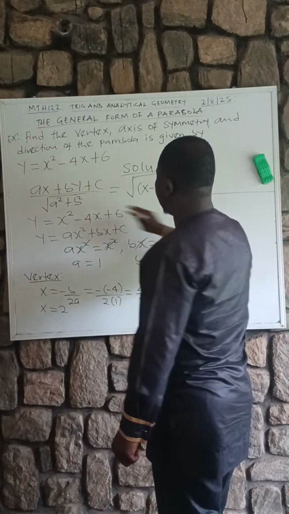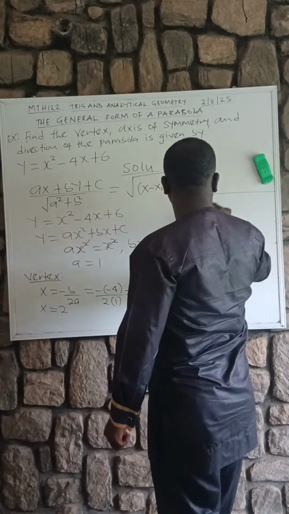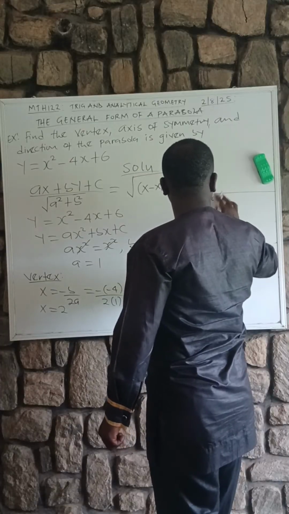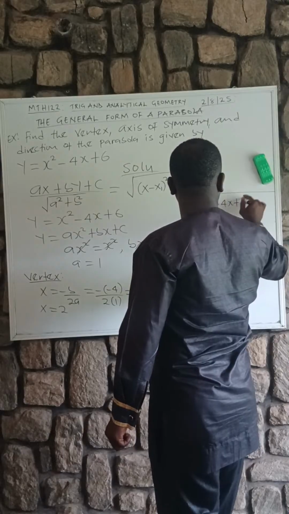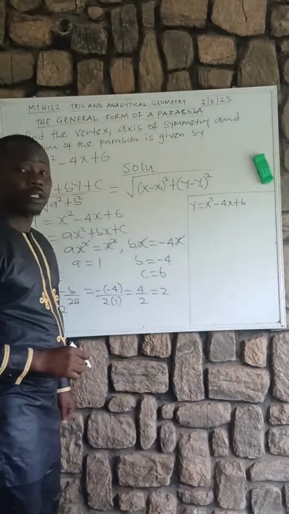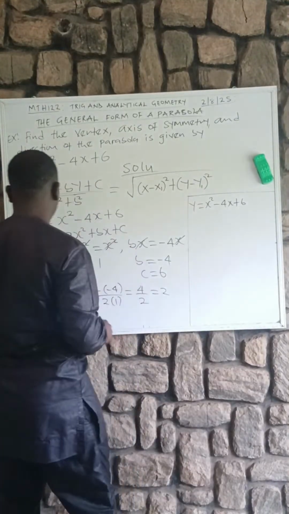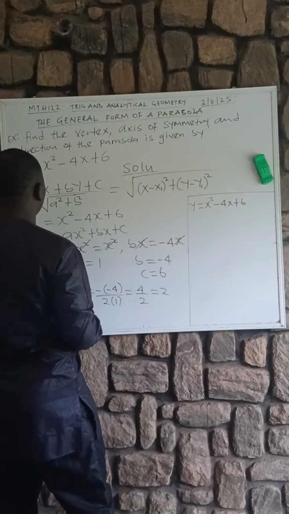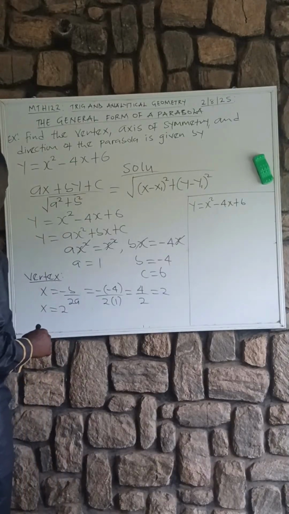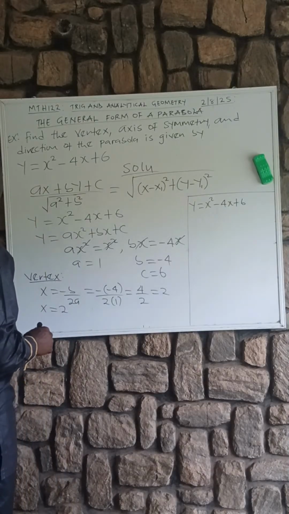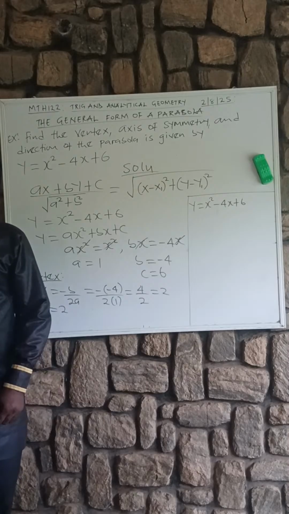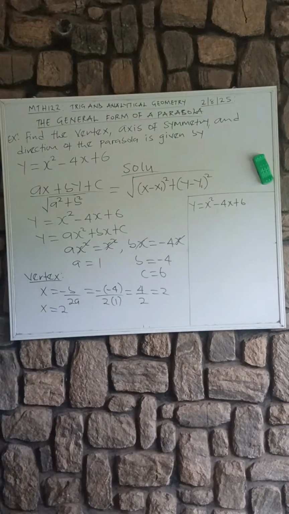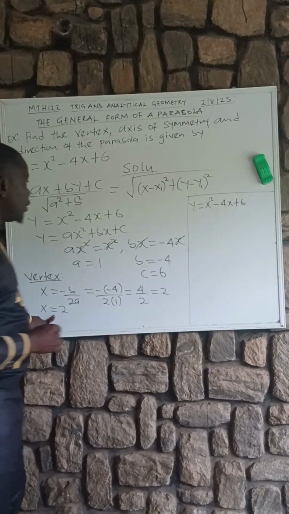For y, y is already given as x squared minus 4x plus 6, right? Here, x is what? 2, right?